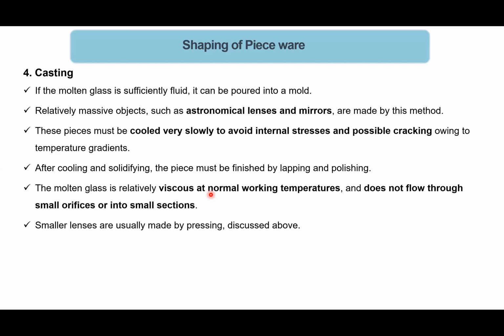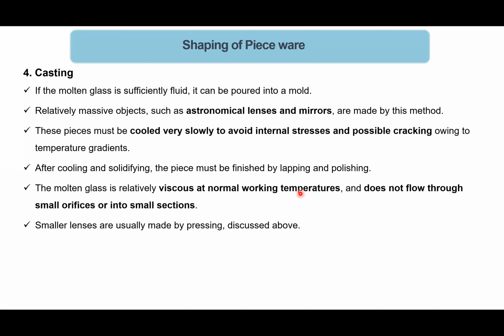The molten glass is relatively viscous at normal working temperature and does not flow through small orifices and into small sections. That is one of the disadvantages of the casting process, because the viscosity of glass is not like liquid metal.